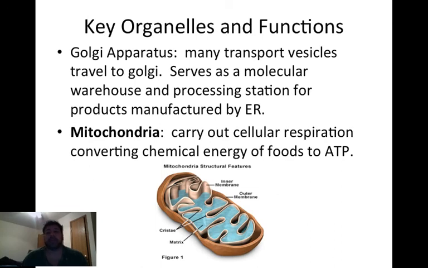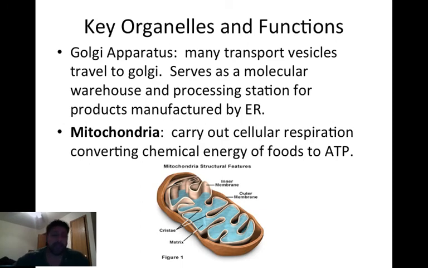And then of course our focus today is the mitochondria, which is responsible for carrying out cellular respiration and converting chemical energy of the foods that we eat, and ultimately converting that into ATP, adenosine triphosphate, which is the energy currency that we use within our bodies, that our cells need to function and to carry out everyday life.